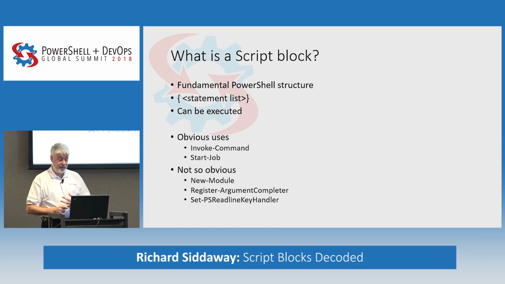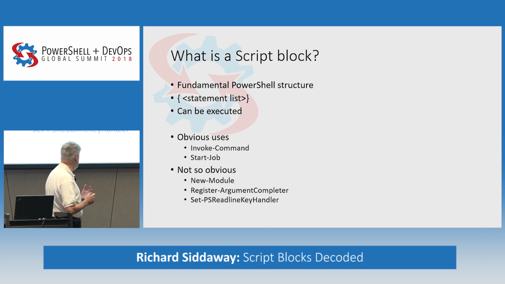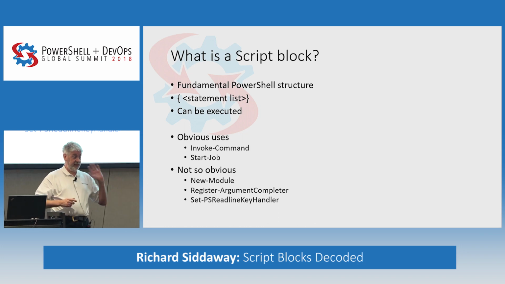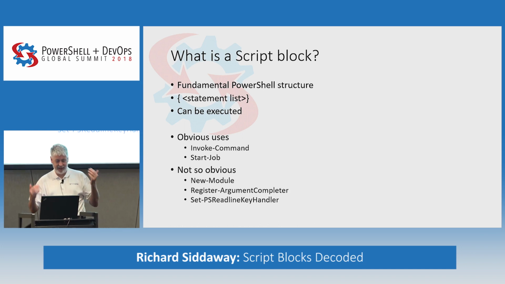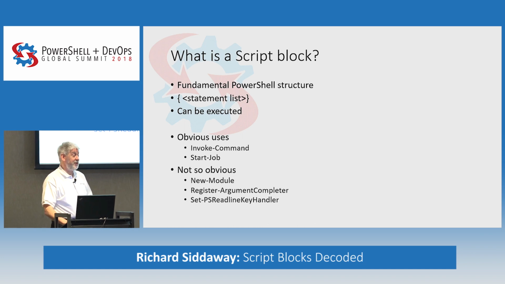Using script blocks there. The last two, the argument completer and the PSReadLine key handler, I'm not going to get into today because they are worthy of a session in their own right, diving into PSReadLine. If somebody ever wants to do a session on that, let me know because it's an automatic on the schedule, because it's going to be weird, but it would be very interesting.